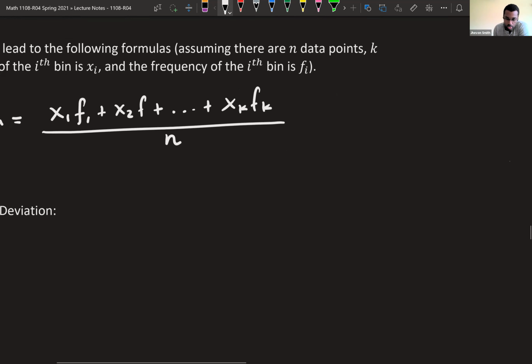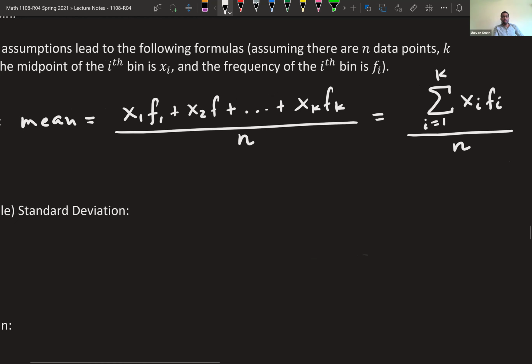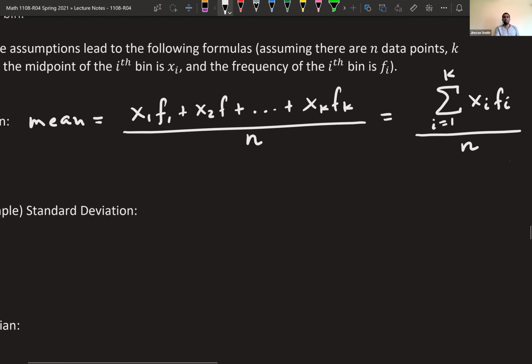You can write this down as the sum of x sub i, f sub i, where i goes from 1 up to k, where k is the number of groups. Then you're going to divide all that by n, right? So that's the shorthand formula.